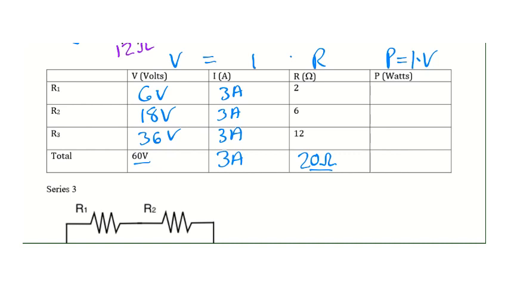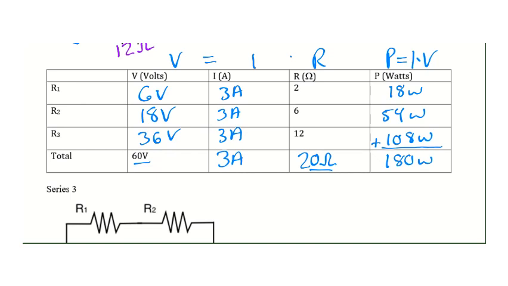Now we're going to go ahead and fill out the power column. So recall that power is equal to current times voltage. So 3 times 6 is going to be 18 watts. 3 times 18 is 54 watts. And 36 times 3 is 108 watts. So if you go ahead and add 18 plus 54 plus 108, you get a total of 180 watts.